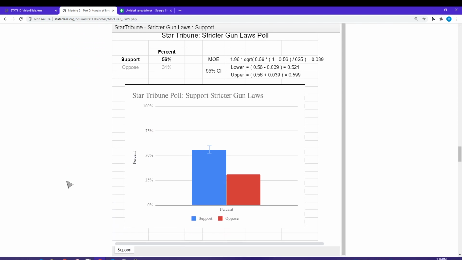We can obtain those values using a spreadsheet, as I've said, or you can use a calculator. If you're going to use a spreadsheet, you just need to put an equal sign at the beginning of your expression, and then just carefully type out the expression as shown on the screen. That will be used to obtain the margin of error here, and then I can just obtain the lower and upper endpoint by taking the 0.56, subtracting that margin of error, and adding that margin of error.